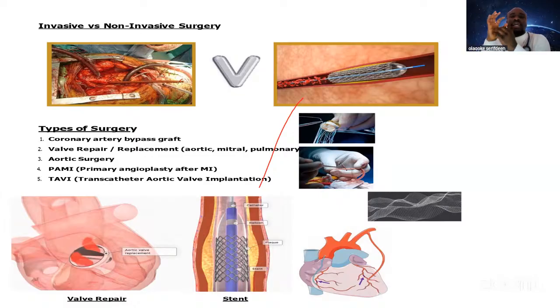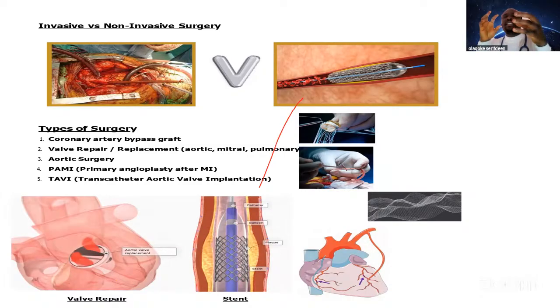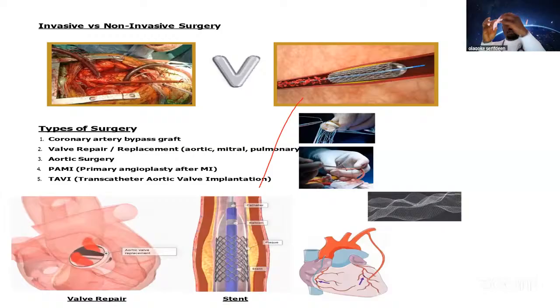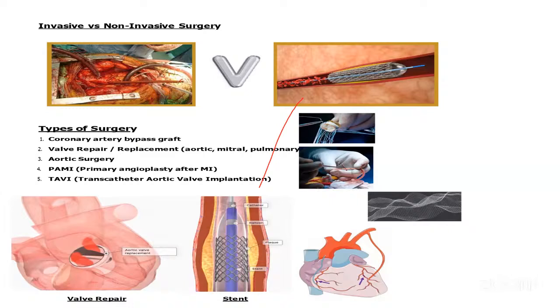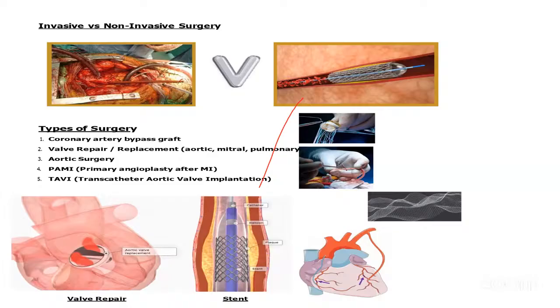And one thing about valves that we also need to remember here as physio: let's say I'm talking about the tricuspid valve. This is the valve between the right atrium and the right ventricle. So you expect this valve to be like a gate between the two chambers, to allow blood to flow in only one direction.